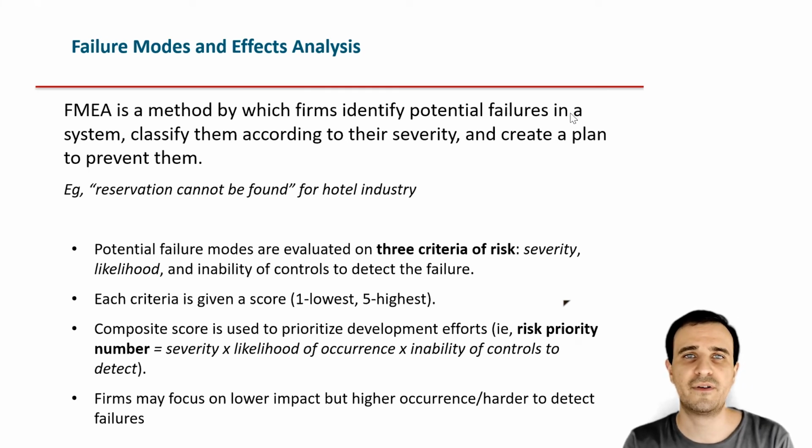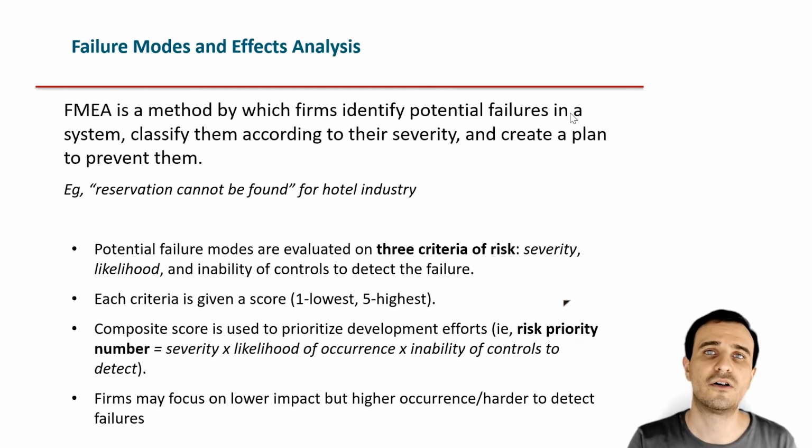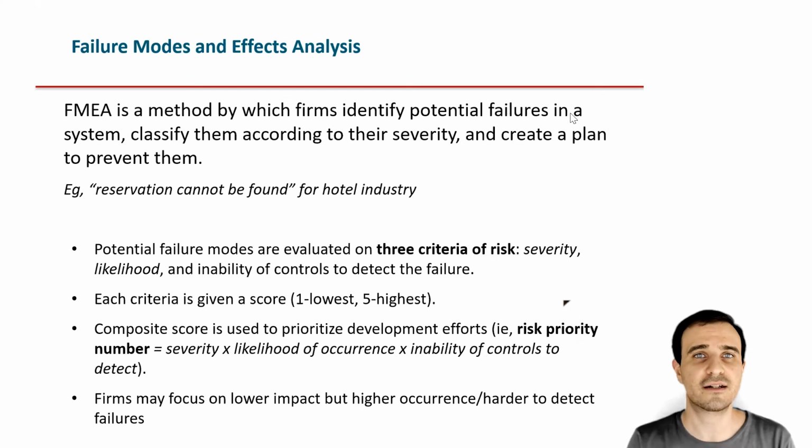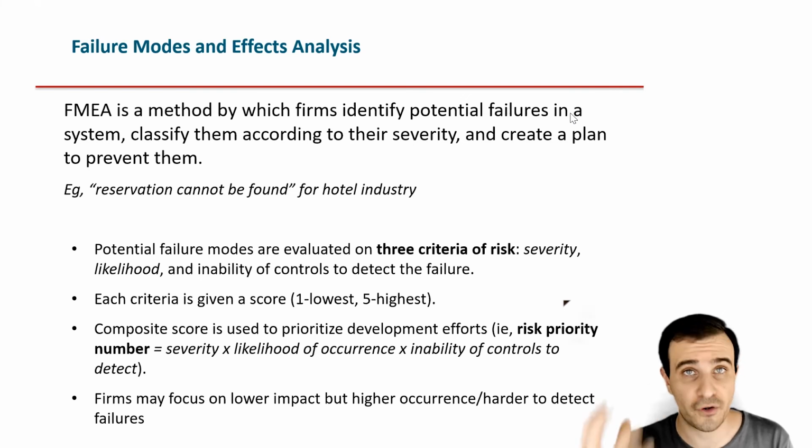They go to the lobby, they want to do the check-in, and then the personnel at the front desk will say, I cannot find your reservation. We already paid. So this is, of course, one of the potential failures in the hotel industry. This is what hotels would like to avoid.